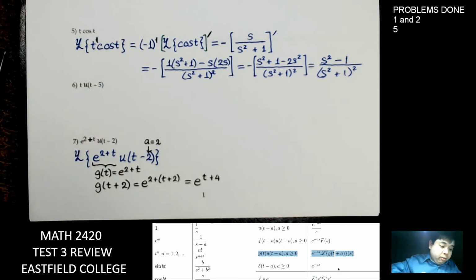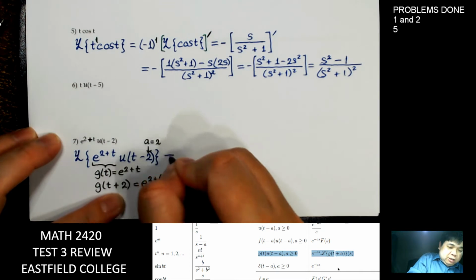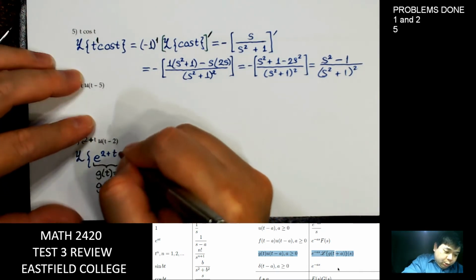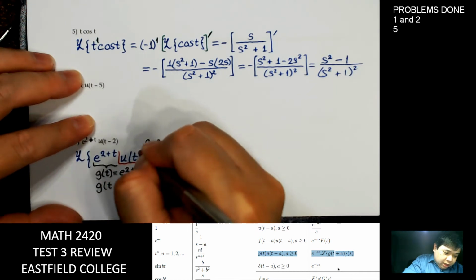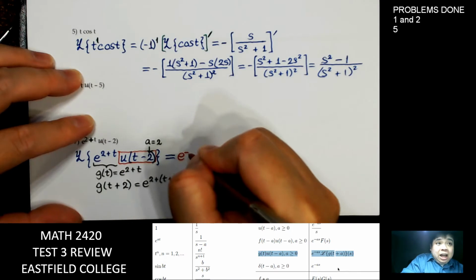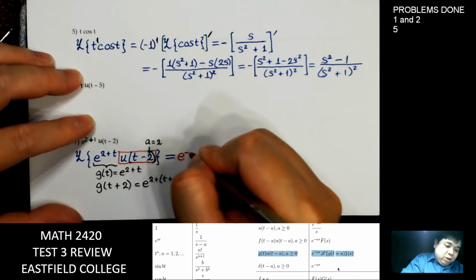Now the transform. According to that formula, when we have the u, the step function, that will become e to the negative as. A in this case is 2, so e to the negative 2s.